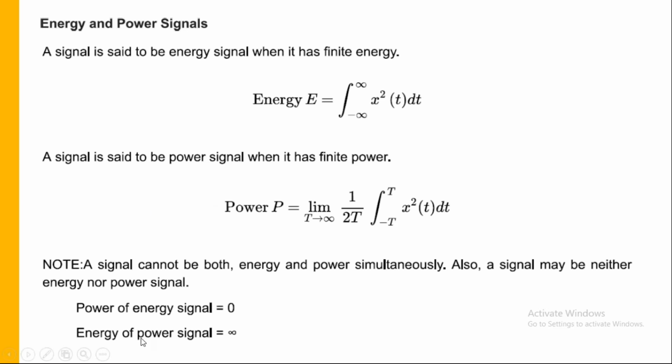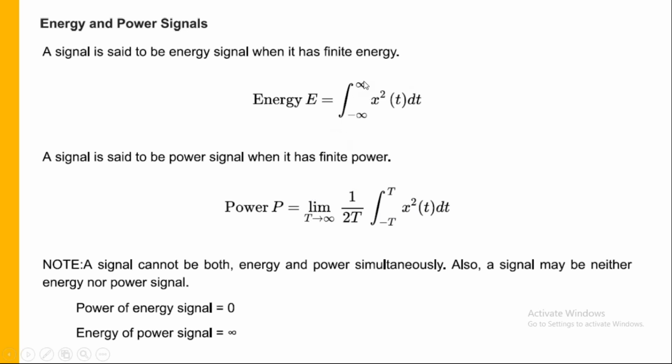You may ask how you will get this. Just use these equations. Suppose this is an energy signal. You apply the formula for power. The power of an energy signal means you take minus infinity to plus infinity and apply the limit infinity. Since the time period is infinite, what is 1 by infinity? It is 0. So the power of an energy signal is 0. And the energy of a power signal: since a power signal is a finite one, you take it here and apply the energy with T tends to infinity, 1 by infinity.